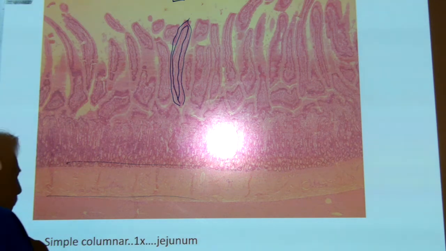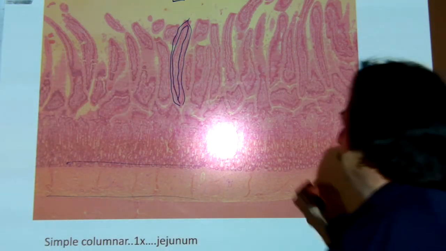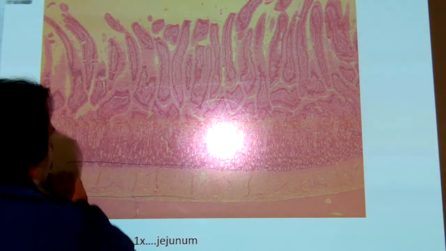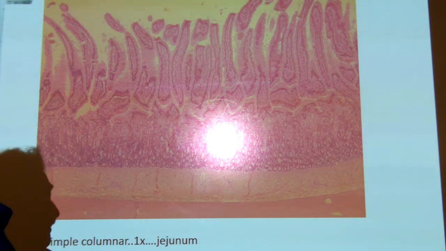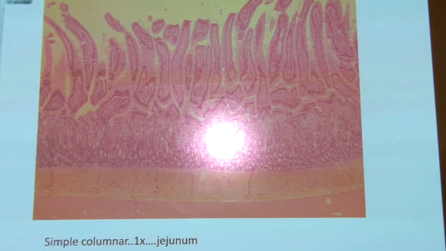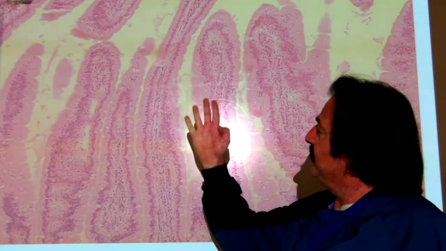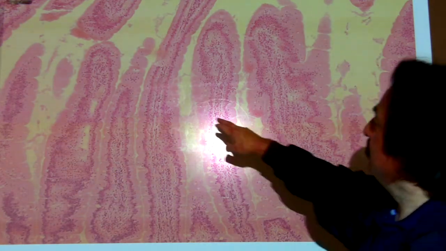Finger within a glove is how I like to express these villi. So those fingers that we're looking at, that is villus or villi. Let's pop in a little closer. Again, this white area is the lumen, and there's a lumen in between the fingers.